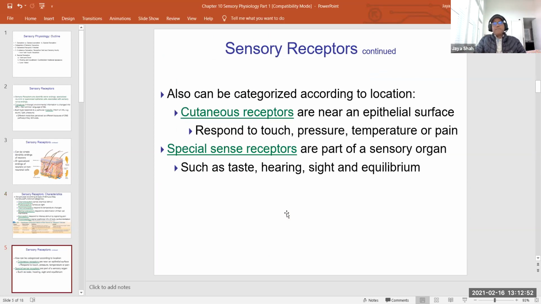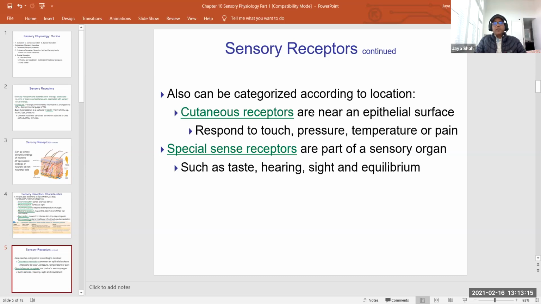Sensory receptors also can be categorized according to the location where they are. They are cutaneous receptors and special sense receptors. Cutaneous receptors are near an epithelial surface, that means either on your skin or the epithelial lining of your mucous membrane.